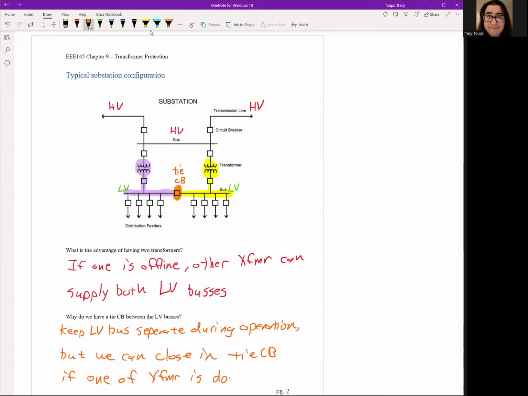In case we lose one transformer, we'll lose half the customers, and then probably within 10 seconds, the operator can know what's going on, and he'll remotely close in the tie circuit breaker. So then one transformer can feed all 8 feeders. We're in emergency mode, but at least all the customers are back online. This is a very common substation setup you're going to see: the 2 transformer system.